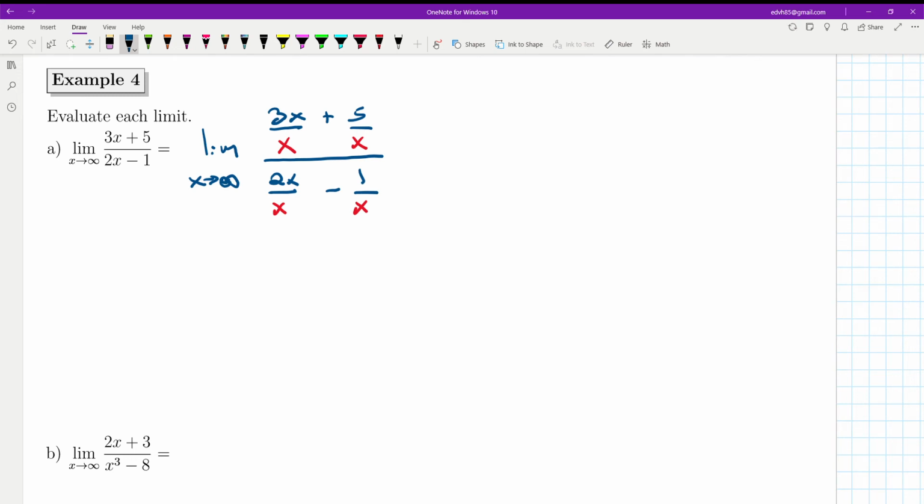When we simplify this, we get the limit of 3x over x, see how these x's go away, and we are left with 3 plus 5 over x divided by 2 minus 1 over x as x approaches infinity. Now, what is going to happen when these terms go to infinity?